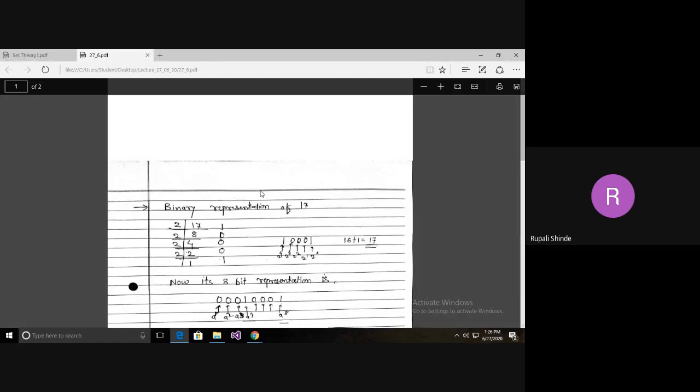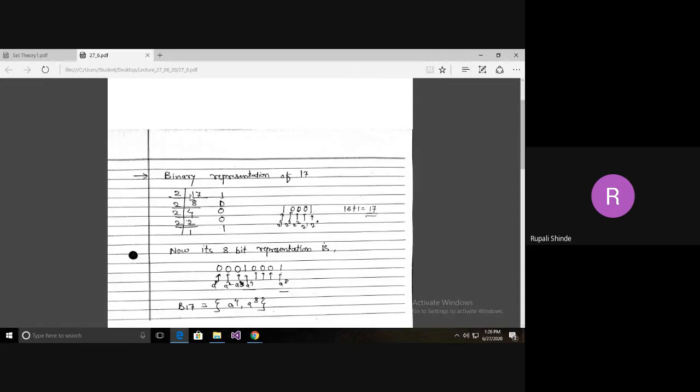Okay. So in this, first of all we have to find the binary representation of 17, and that comes as 10001. This contains just 5 bits, so to make it complete we have to add 3 more bits, and those bits would be 0, before this string. Again we have to check which different elements are present.